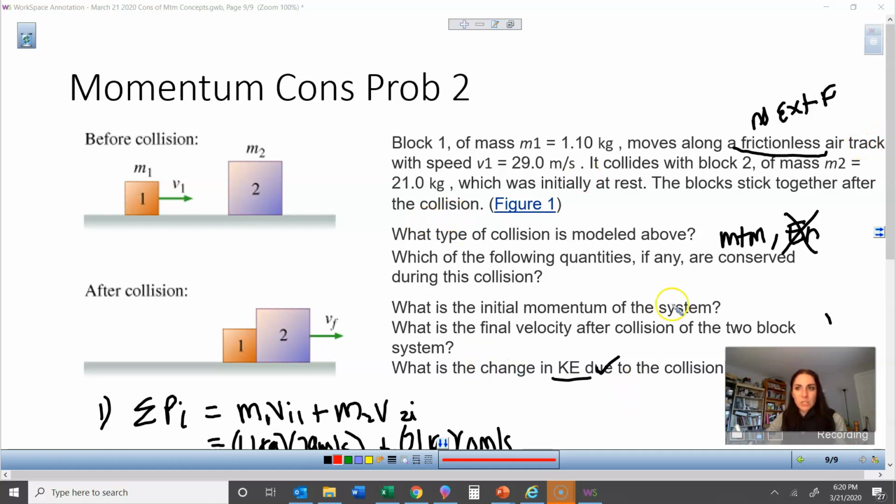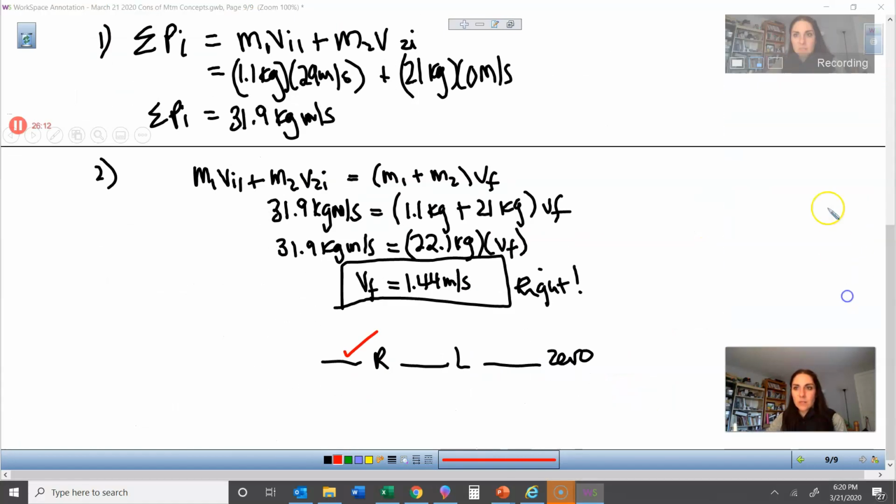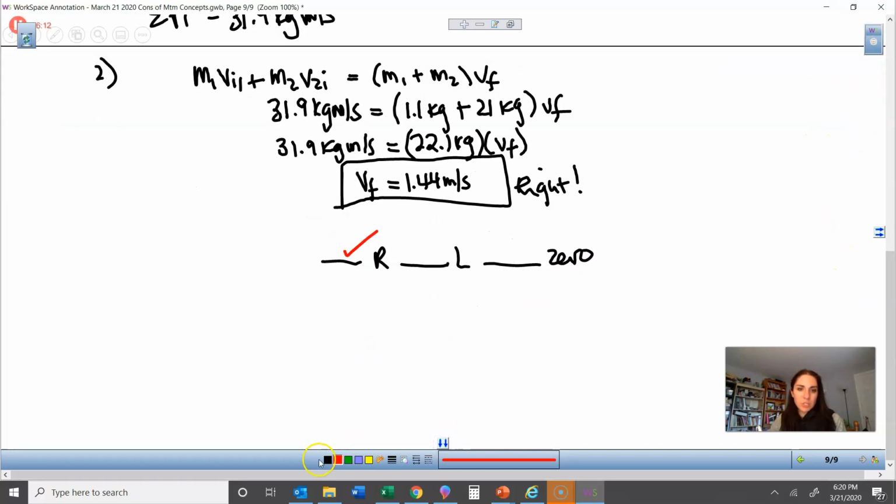Okay, now we're going to do the change in kinetic energy. Okay, so if we do the change in kinetic energy, it looks like this for the inelastic equation. The final, so we do the same setup, final minus initial.